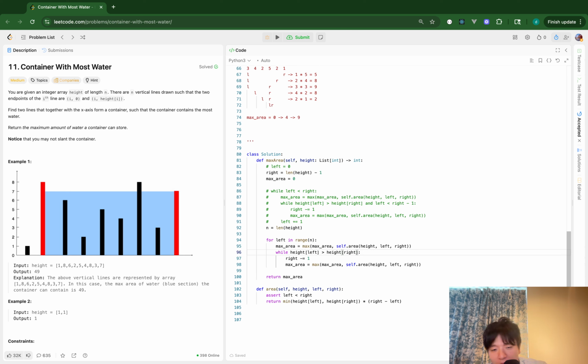And also, if left is equal to right, I have to finish the iteration. Yeah, so maybe I still need this one. But yeah, I think it's a bit more easy to understand.